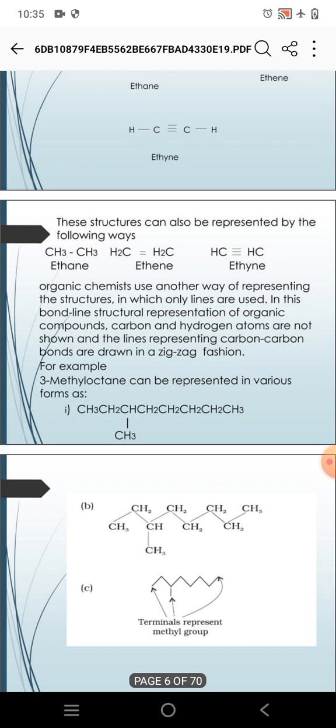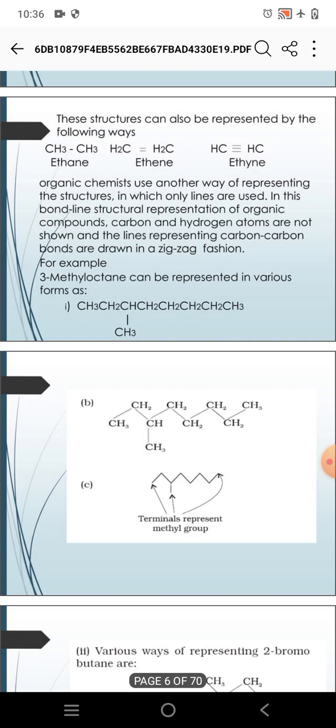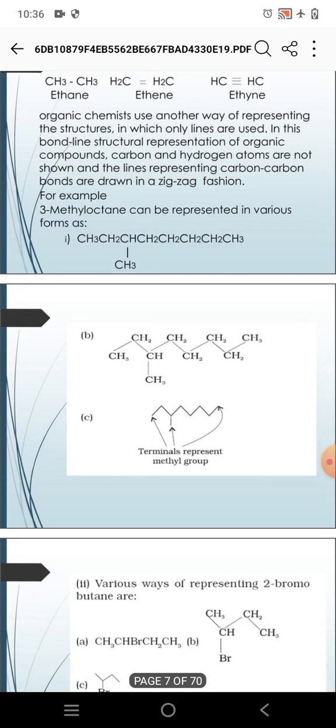For example, 3-methyloctane can be represented in various forms as CH3, CH2, CH, and this methyl group is in the 3 position, followed by 4 CH2 groups and the terminal CH3 group. That is 3-methyloctane, and here we represent it in a zigzag manner, and the terminal 2 points represent the methyl groups.